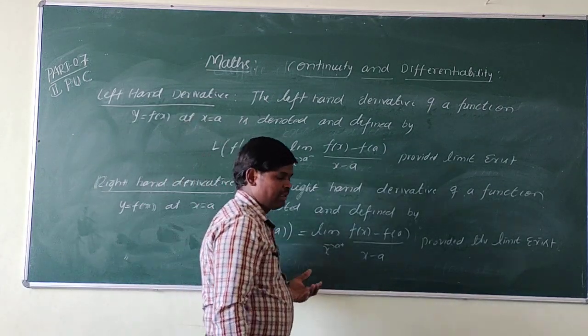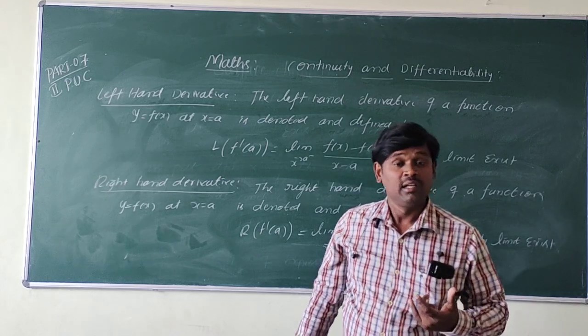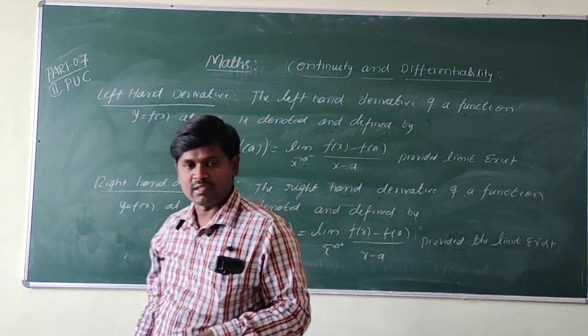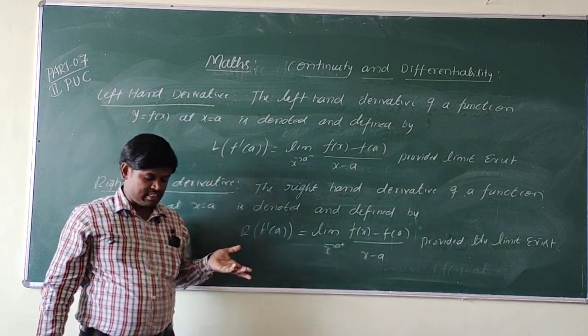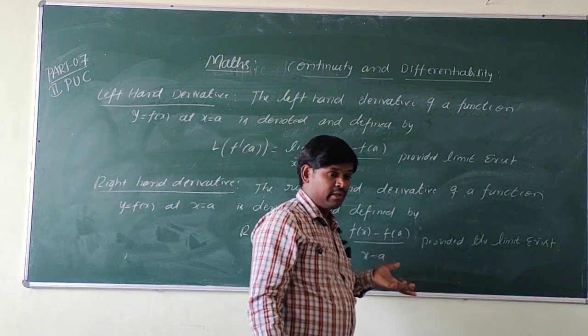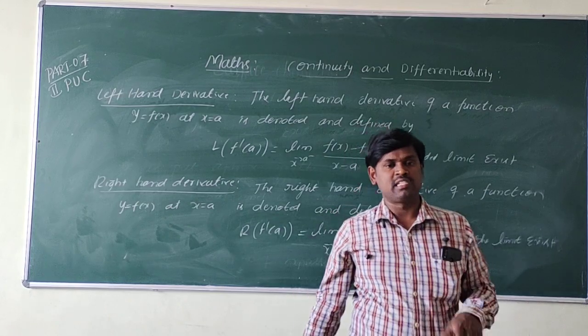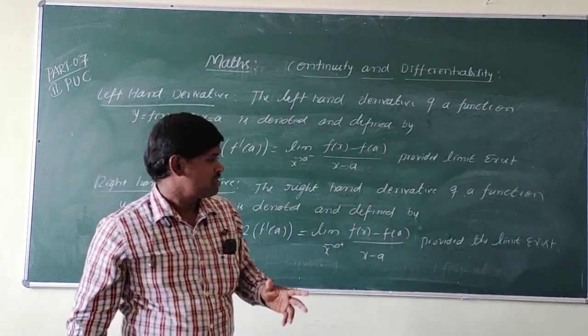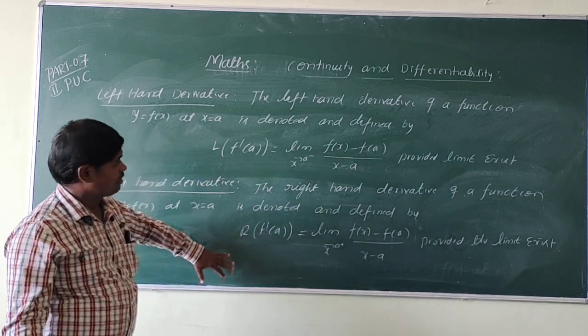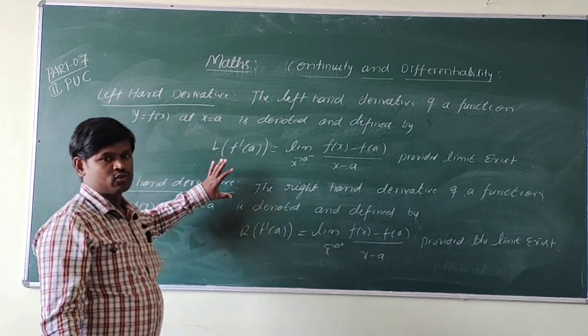If both the limits exist, then the function is differentiable. Already you know the definition of differentiability: the function f of x is said to be differentiable at x equal to a if its right hand derivative exists, left hand derivative exists and they are equal. So that is what the left hand derivative and the right hand derivative are. Take note.